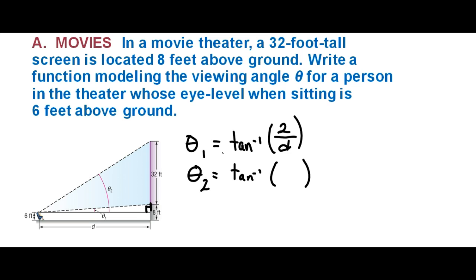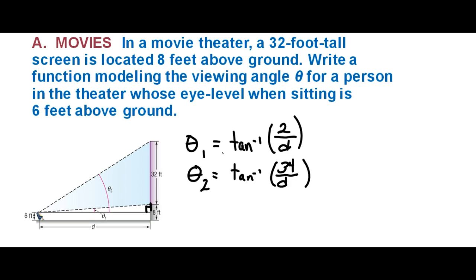But we have to take into account that there's this 8-foot part that's not there, but there's that little 2-foot chunk we talked about earlier. So in all, it ends up being 32 plus that 2-foot part, which is 34. Hopefully you can see where I'm getting that number from for my bigger right triangle. And the horizontal distance is still going to be D.